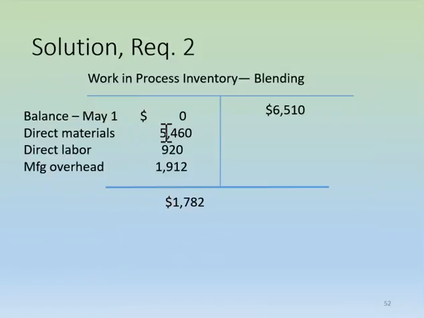So we had the debit to work in process blending, which was a credit to direct materials, the wages payable, and the debit then to work in process blending and our manufacturing overhead. So we've got our total costs for the blending process posted in, and then the items that get pushed out into packaging will be credited. So what we're left with is $1,782 of work in process still going on in our blending department.